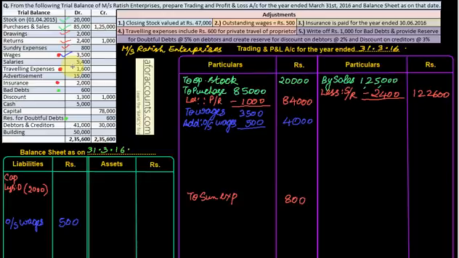Salaries 5,400 without adjustment. Just take it to your P&L, debit to salaries, 5,400. Travelling expenses 1,600. Okay, so to travelling expenses 1,600 with the adjustment.